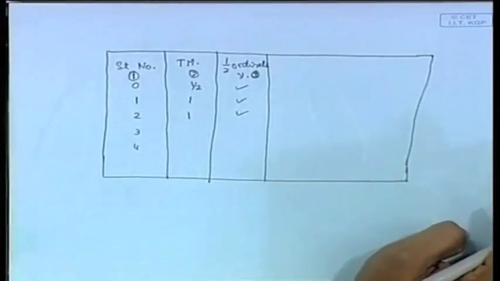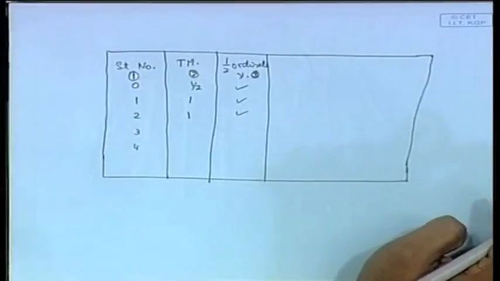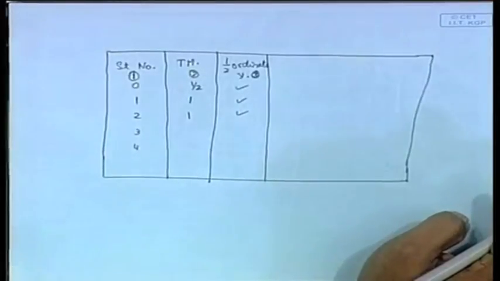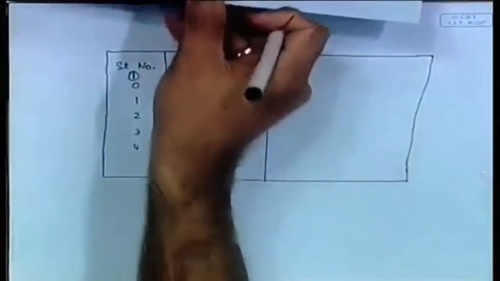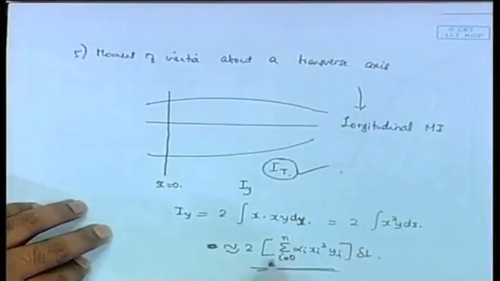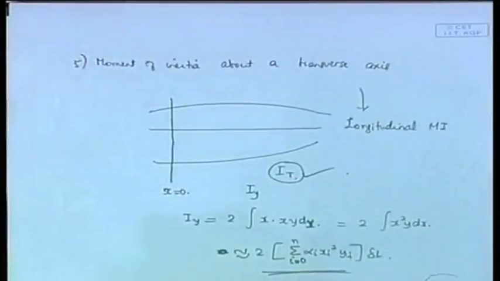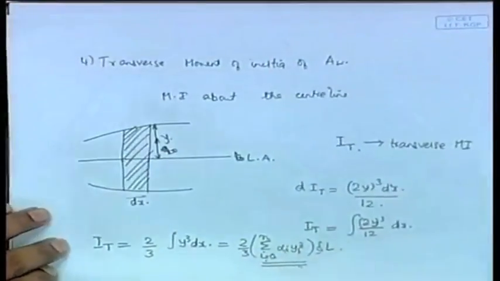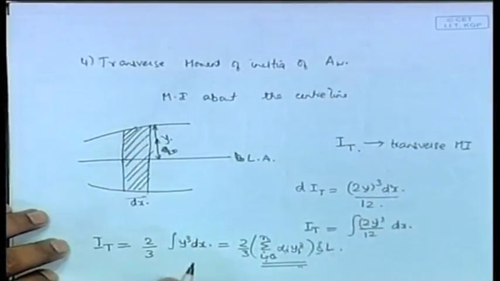Now, we look at this equation. Some of the things that we have derived here: we need I y, then we need I t, which is this. Our basic purpose in this problem is to find I t and I y.